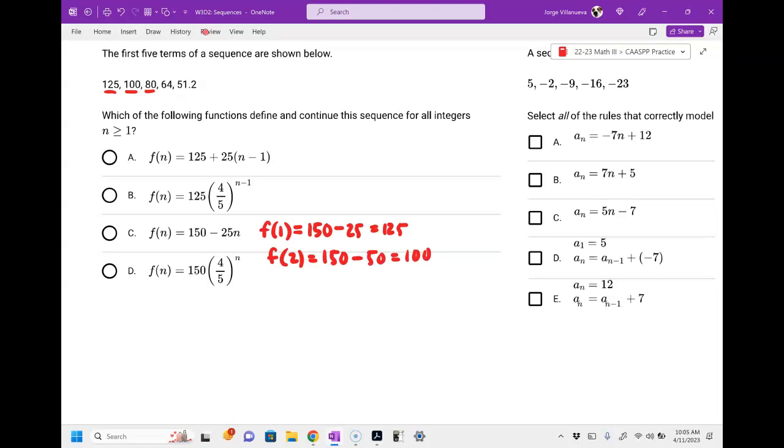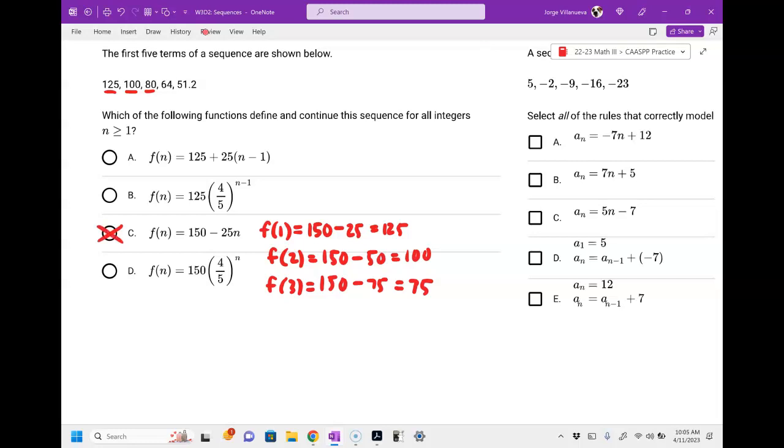So far, so good. But let me just try one more, just to make sure. F of 3, that's 150 minus 25 times 3 is 75. That's 75. Is that the right number? Am I supposed to get 75 on the third attempt? No, I'm supposed to get 80. So that's not working.